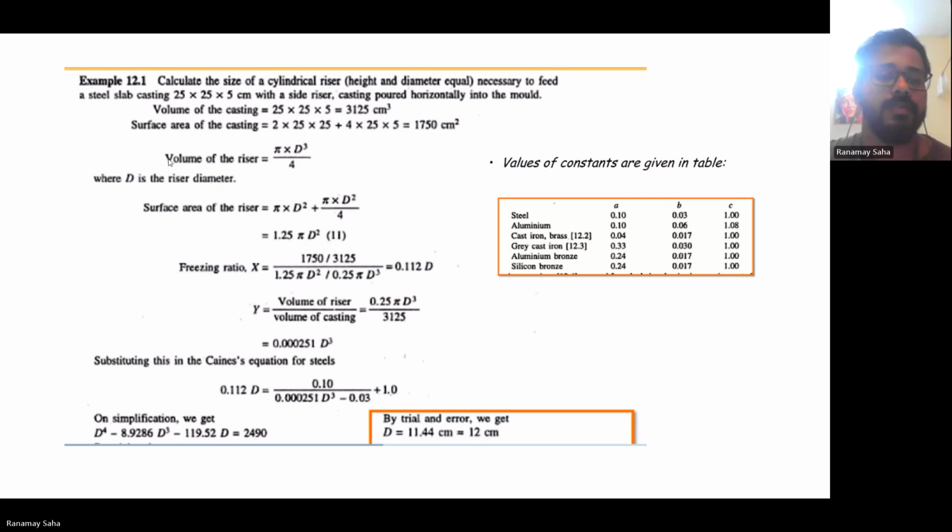The surface area of the riser, a cylinder with h equal to d, is the lateral surface area plus the surface area of the top and the bottom.